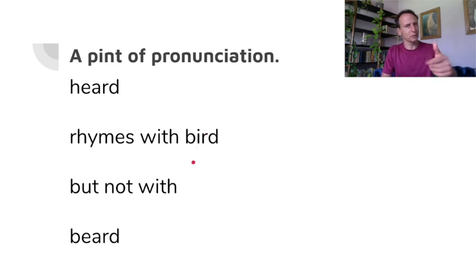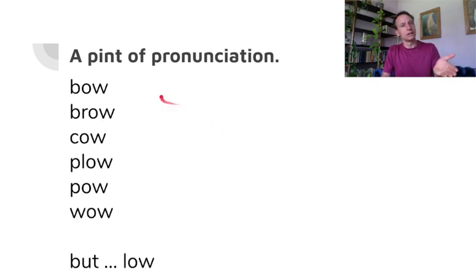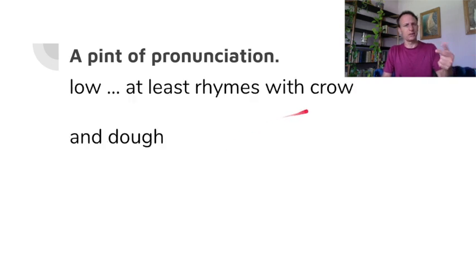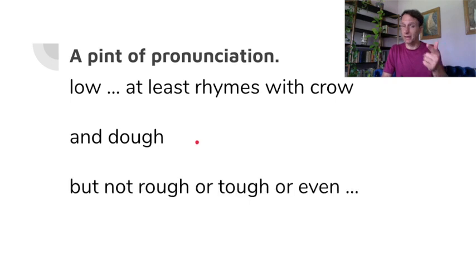But it does not rhyme with beard, which has the same spelling. Makes no sense. English is out to get you. We have bow, brow, cow, plow, pow, wow, but that word is pronounced low, which has a lot of rhymes in English, words like crow, but also rhymes with dough, with this O-U-G-H. However, it doesn't rhyme with rough or tough, even though those have an O-U-G-H. It doesn't even rhyme with enough!